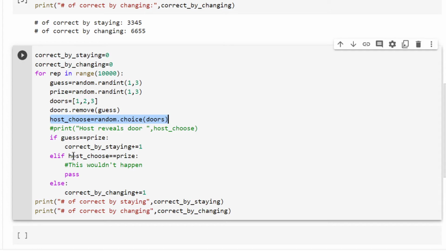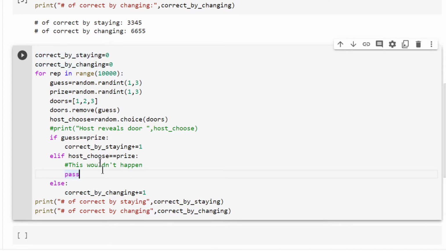But if the host choice is equal to the prize, then it will reveal the car, and there won't be any chance for the contestant to make the change, right? So this wouldn't be accounted for. This is the case when you can't say it's correct by staying nor correct by changing.